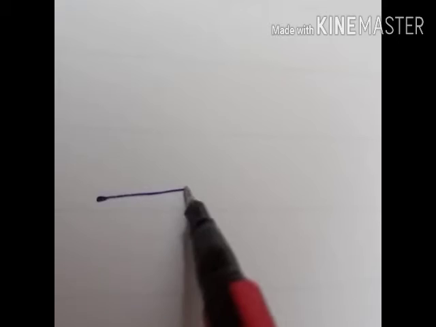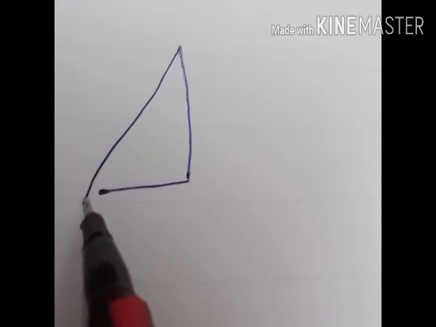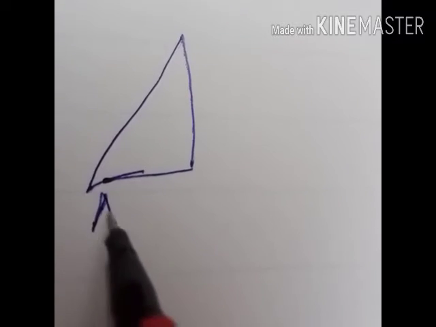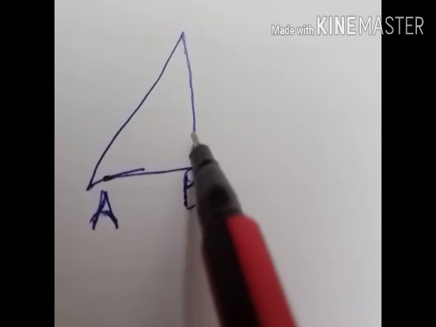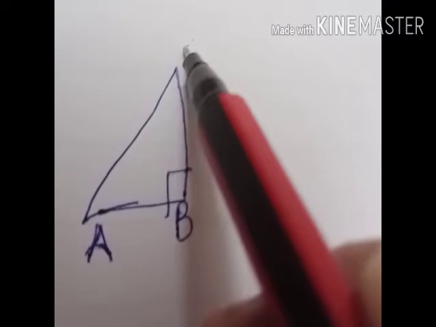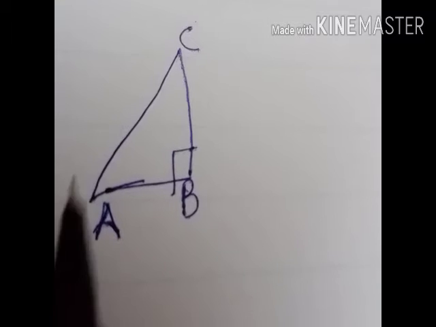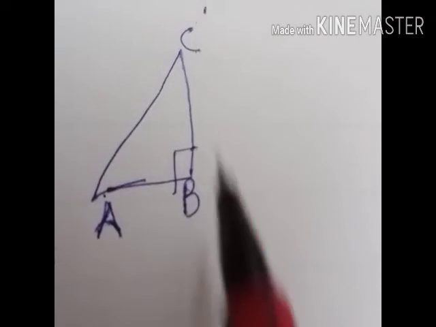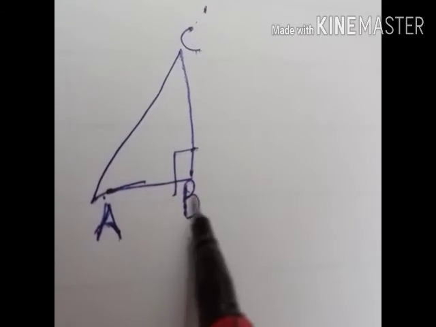According to the question, we have to draw a right triangle ABC which is right angled at B. A and C we can write anywhere, but B should be at the right angle.